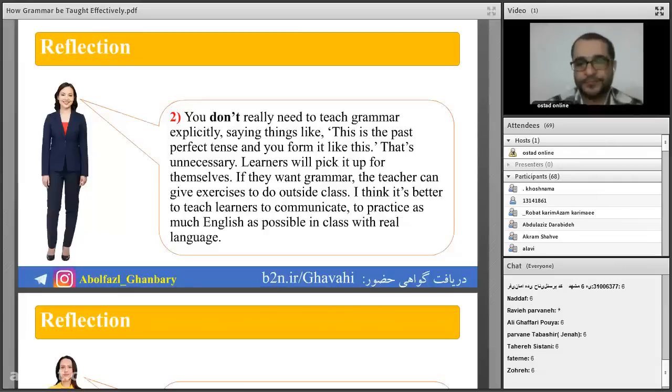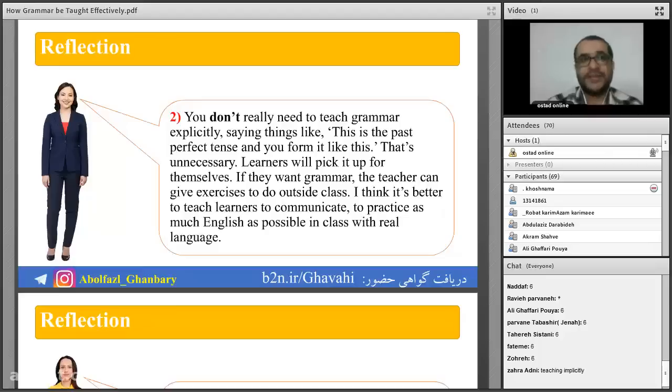So, in the second one, the teacher believes that the learners don't need explicit grammar. Yeah, they do not need to address directly. We teach grammar implicitly. By teaching implicitly, we mean that we do not talk about grammar rules at all.